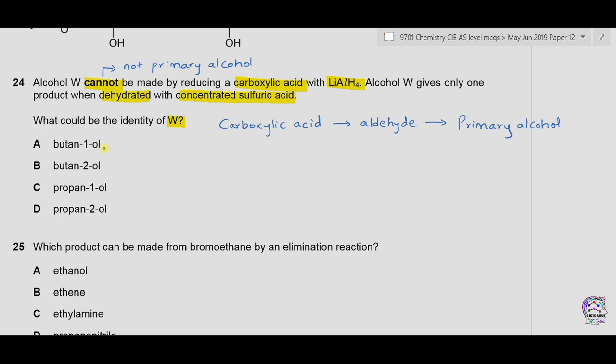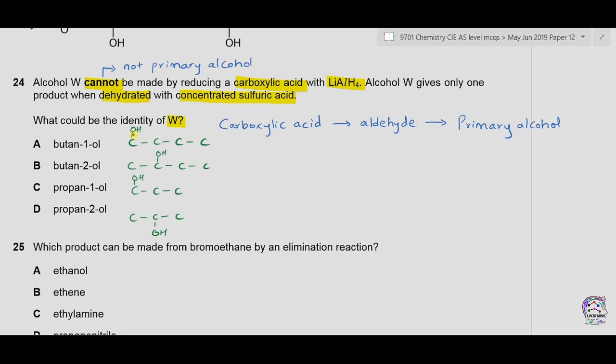A is butan-1-ol, so we have 4 carbon atoms and OH is attached to the first carbon atom. Second is butan-2-ol. Again we have 4 carbon atoms and OH is attached to the second carbon. In C we have 3 carbon atoms and OH is attached to the first carbon. In D we have OH attached to the second carbon.